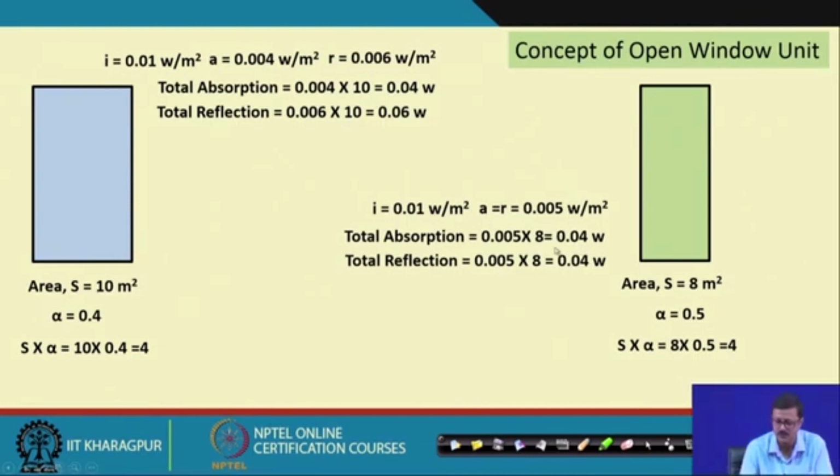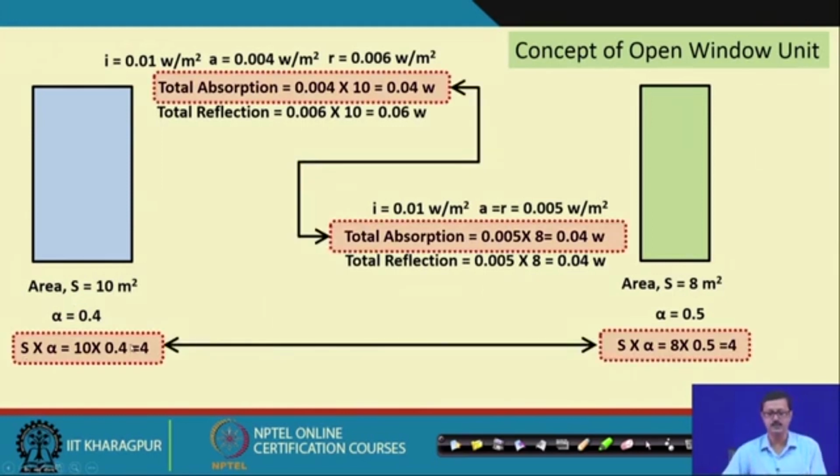This wattage, or the amount of energy that is absorbed, can also be found by multiplying 8 into 0.5, that is S alpha. So, this is 4, and the S alpha for the other is also going to be 4.